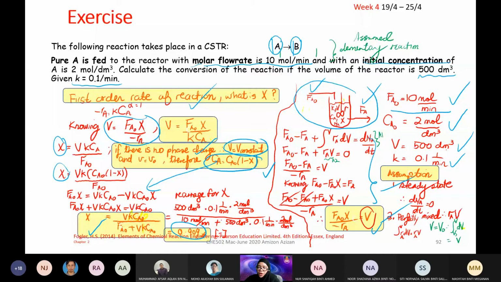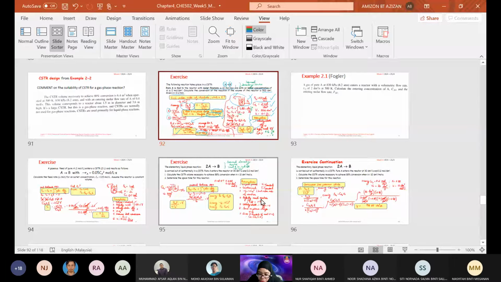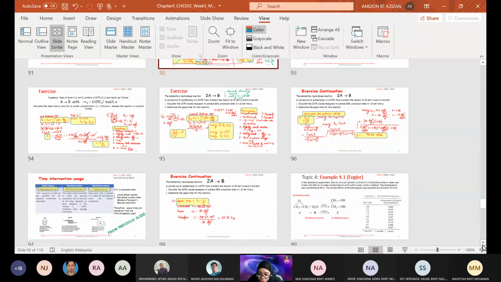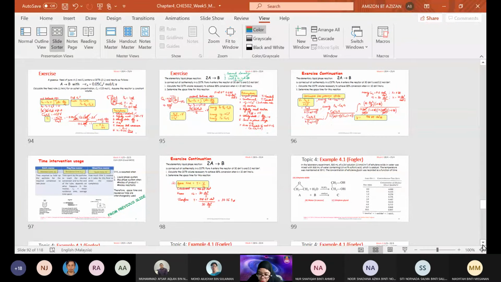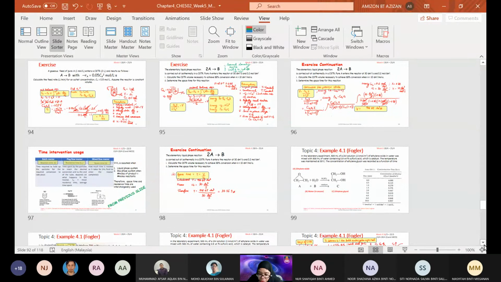Now, in your textbook, we have a comparison between what if you calculate the volume if you're using CSTR or PFR. So it's a very good example.